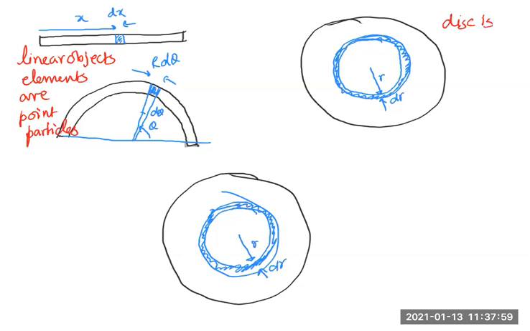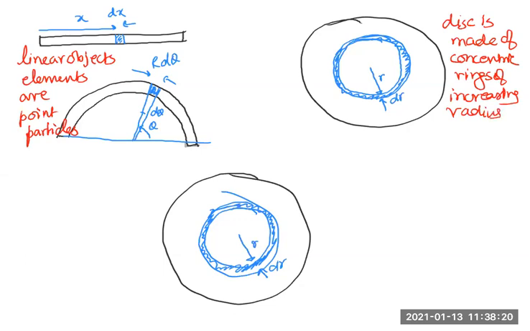A disk is made of concentric rings of increasing radius.